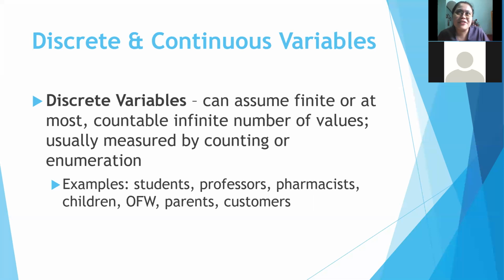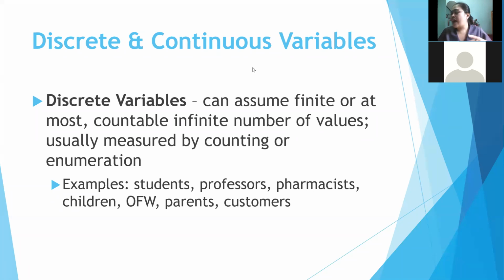Save your memory or capacity for more important things. When you study these variables, you just need keywords to be able to identify what type of variable we are talking about. So when you say discrete, the keyword is countable. For example, students. If the participants in your research are students, then we can count them. Professors also, pharmacists, anything that we can count or enumerate is under discrete variables.